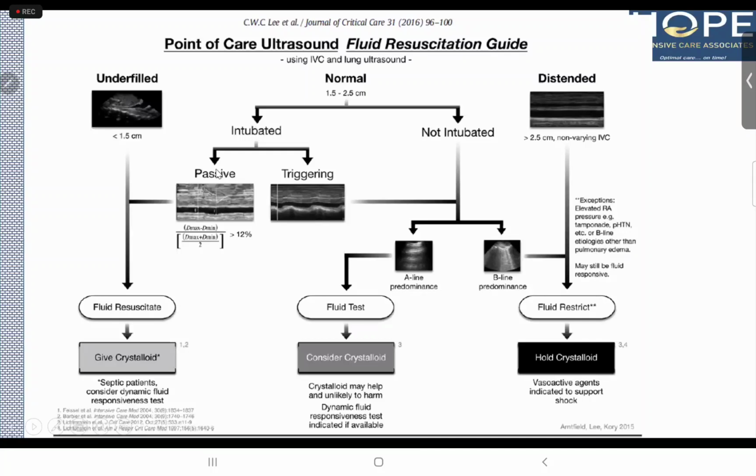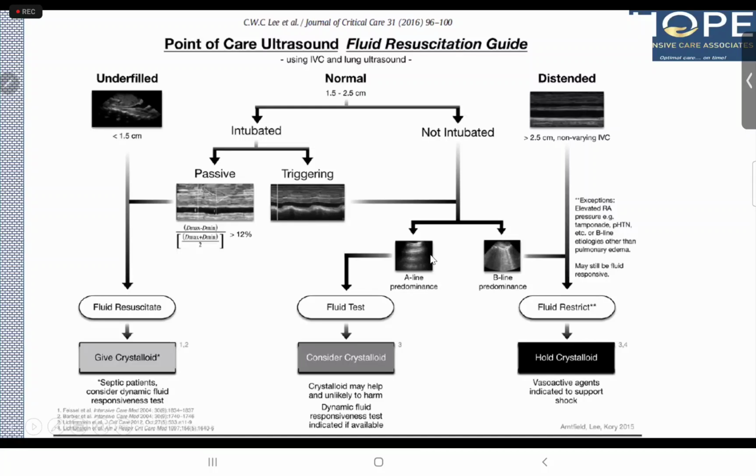In an intubated patient, you look at whether the patient is passive, that means totally paralyzed, in which the distensibility index can be seen. If it is more than 12 to 18%, this patient can take up some fluid. If the patient is triggering, interpret just like a non-intubated or spontaneously breathing patient, where you interpret the lung ultrasound.